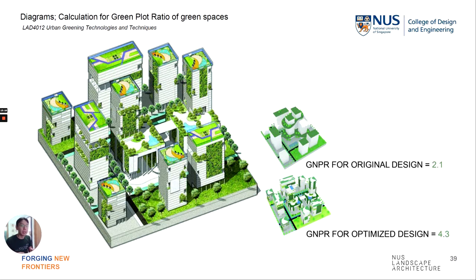To put it simply, it's just a measure of how much vegetation material there is in a particular site. So on the right of the image, you can see the original green plot ratio was 2.1, and then after landscape architects go in and try to maximize every potential place where you can add greening, it can be pushed up to 4.3. So of course, this is on the assumption that the more green you have, the better.